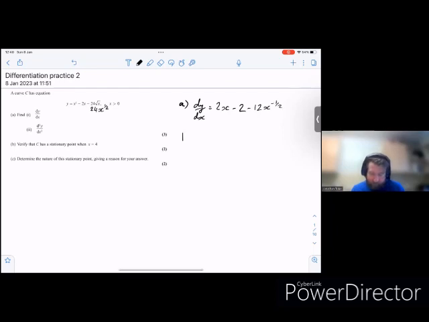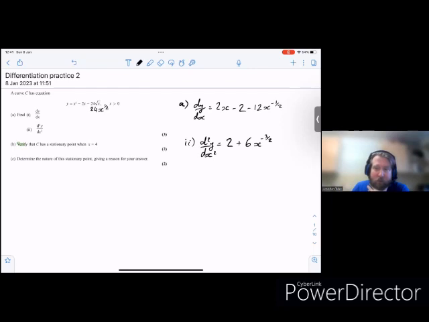And then for part II of part A, the second derivative: the 2 disappears, the minus 12 becomes plus 6, x to the minus 3 over 2. Verify that there is a stationary point when x equals 4. This word verify, it's important to be sensitive to the language that's used in the question.